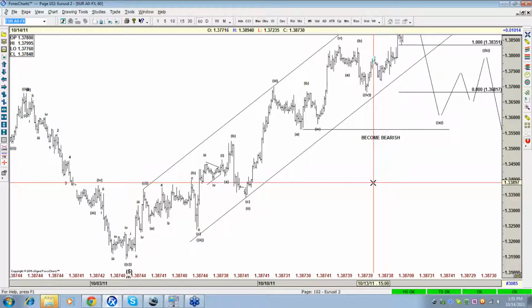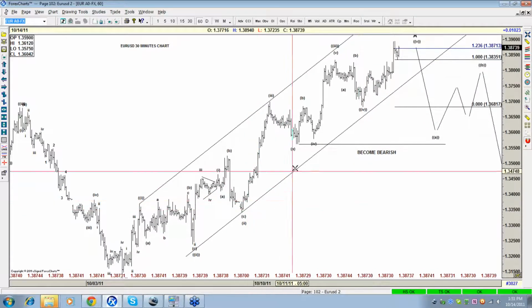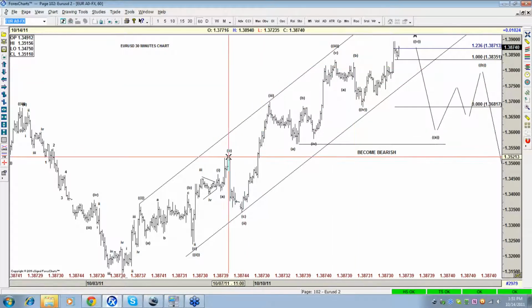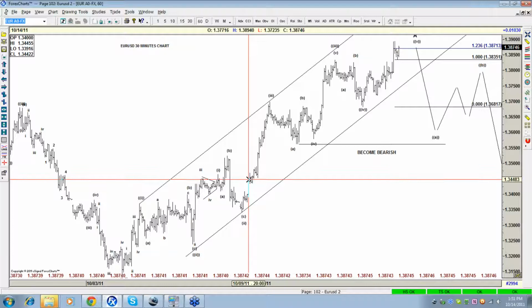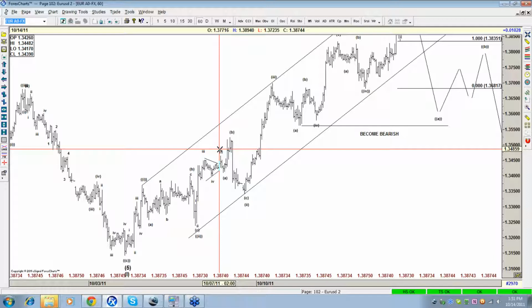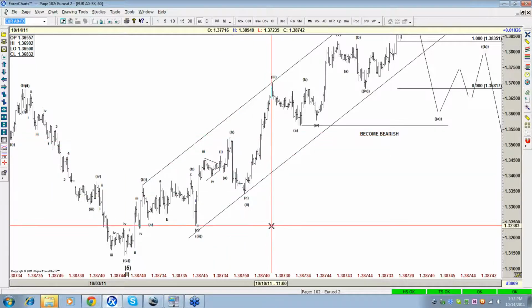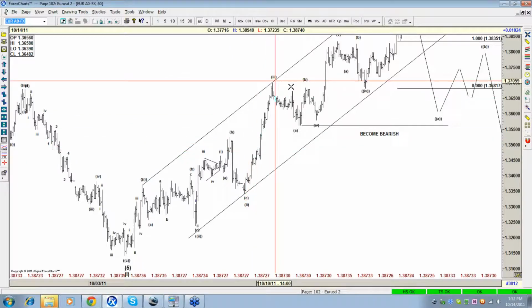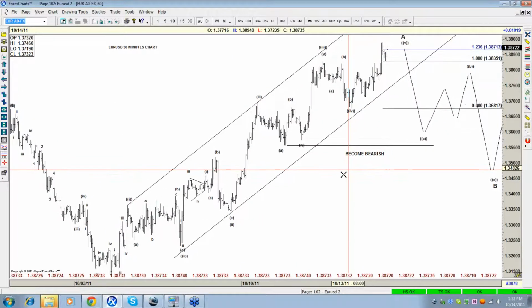I was probably the only one calling for this all week. We faked the move right here, thinking that this was ABC and we were going to get ABC back. That was my principal count. Guess what? It turned out to be wrong. I got stopped out here.